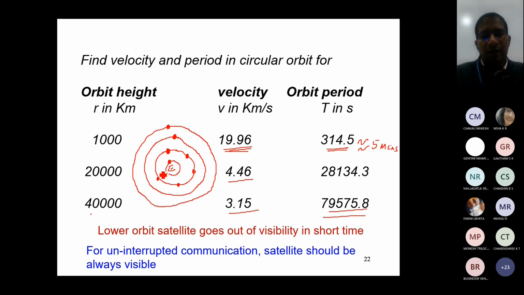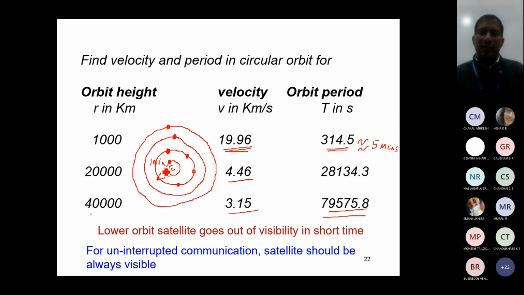So what difficulty are we facing at this point? In 1 minute, the satellite has gone out of our coverage area. If the satellite was here, we can make communication between our ground station and the satellite. But when the satellite moves to this point, the coverage of the satellite will be somewhere here, so this point will not be in the coverage of the satellite.